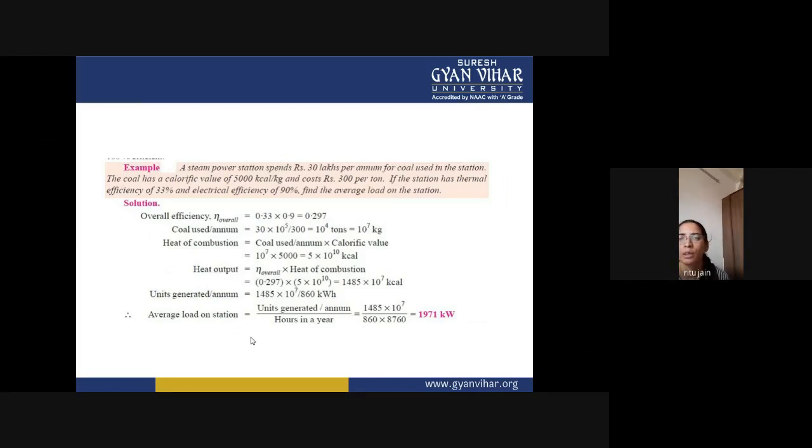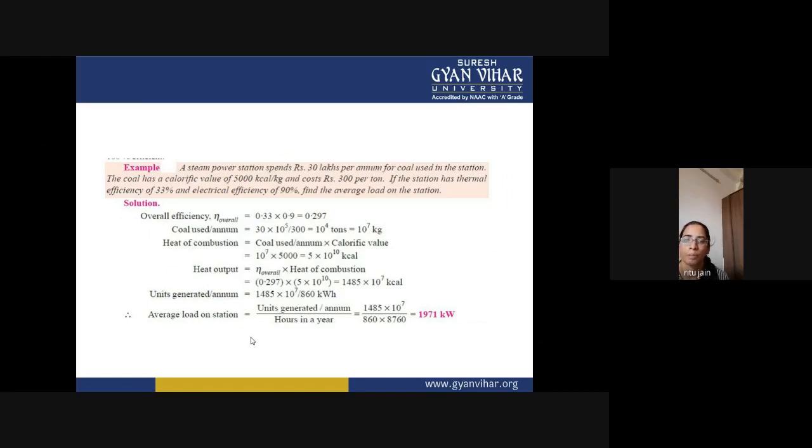If the station has a thermal efficiency of 33% and an electrical efficiency of 90%, find the average load on the station.